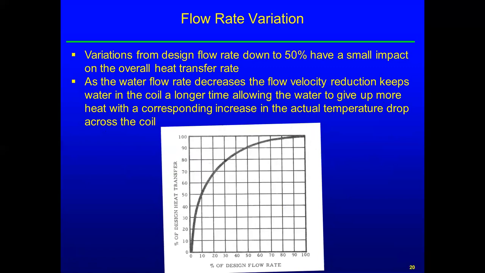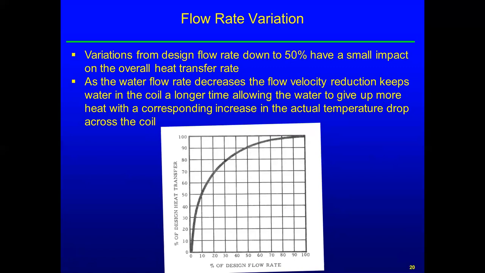Okay, so this is where the slides say what I've already talked through on the last slide, some of it. Variations from design flow rate down to 50% have a small impact on the heat transfer rate.